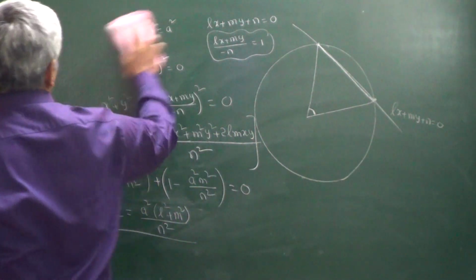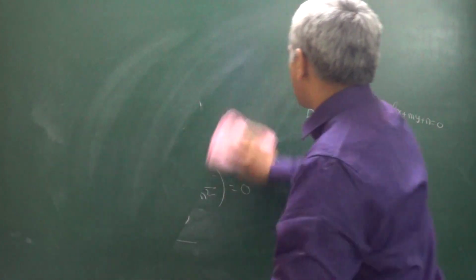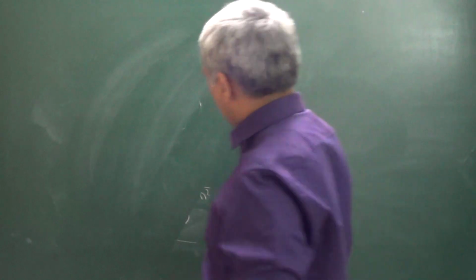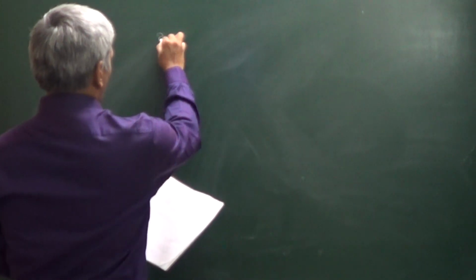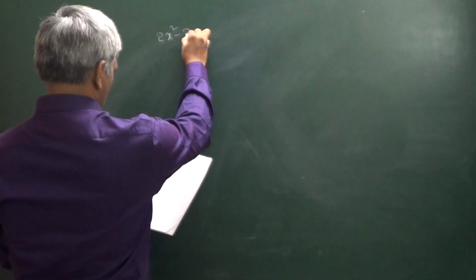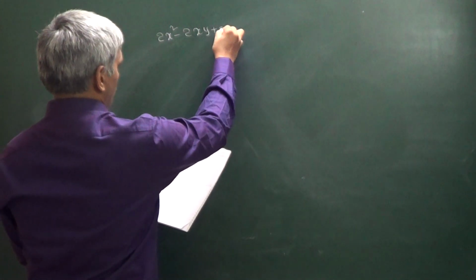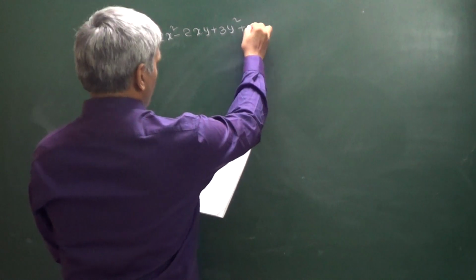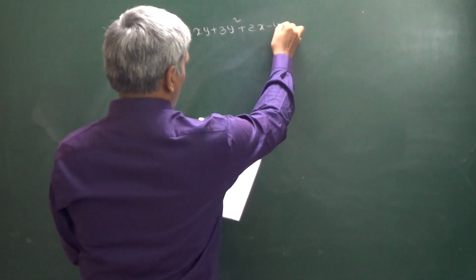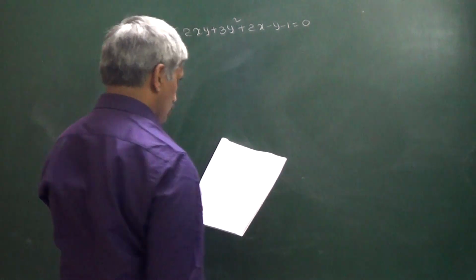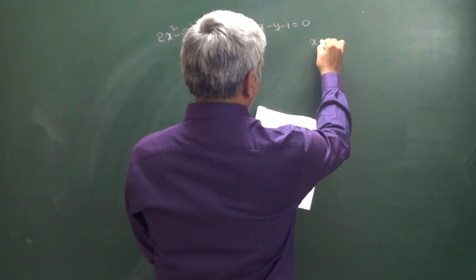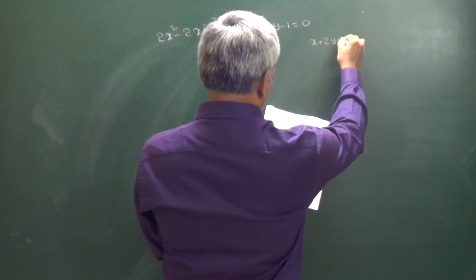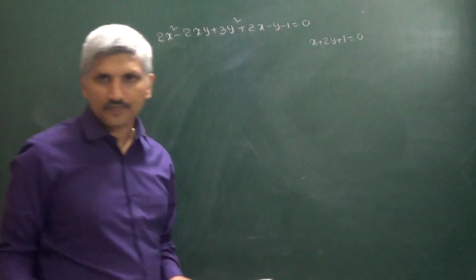So another question here based on this homogenization. They have given the second degree curve equation as 2x square minus 2xy plus 3y square plus 2x minus y minus 1 is equal to 0. It intersects the straight line x plus 2y plus 1 is equal to 0.